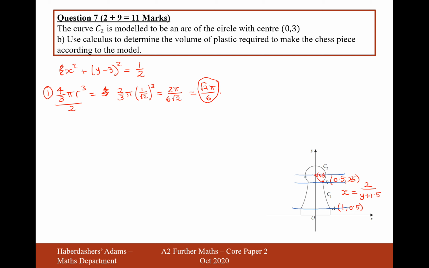Now section 2 is going to be an integral part. So we need to integrate the circle around the y-axis between the y-coordinates of 3 and 2.5. So it's going to be pi times the integral from 2.5 to 3 of x squared. Now x squared is going to be a half minus (y minus 3) squared.